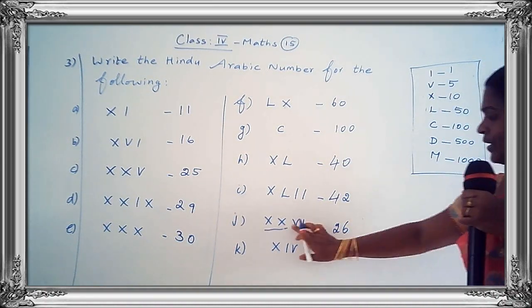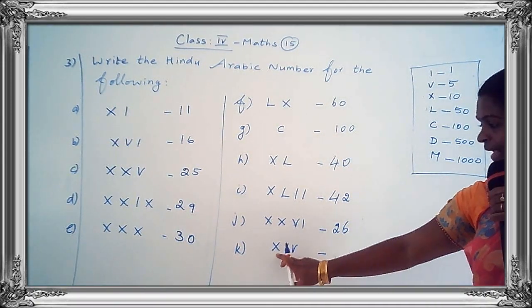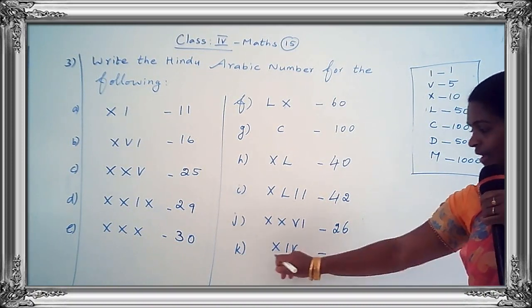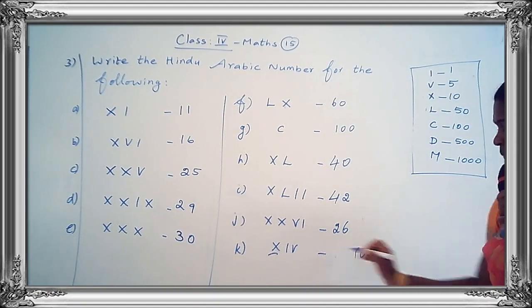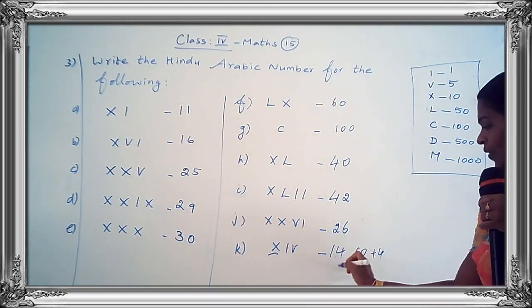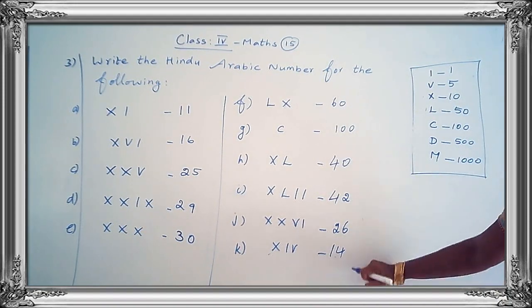So XXVI stands for 26. Okay, next one K, XIV. Here X stands for 10, IV stands for 4. Now we add 10 plus 4 is equal to 14. So that's why XIV stands for 14.